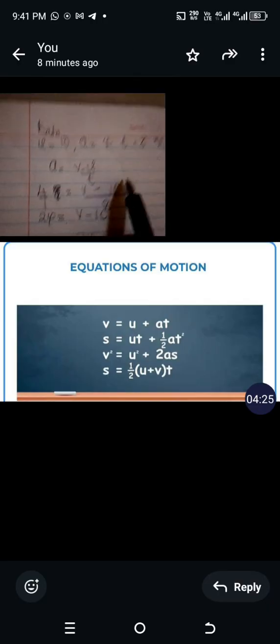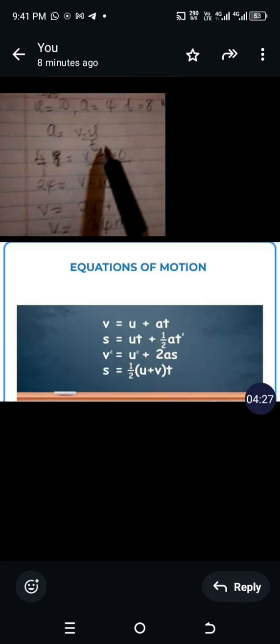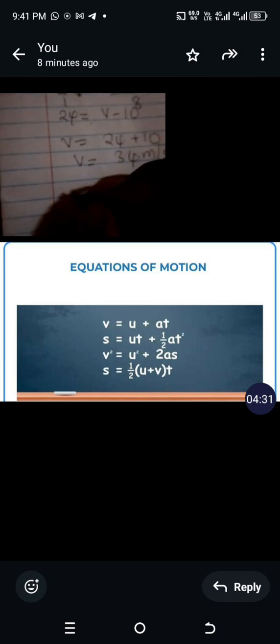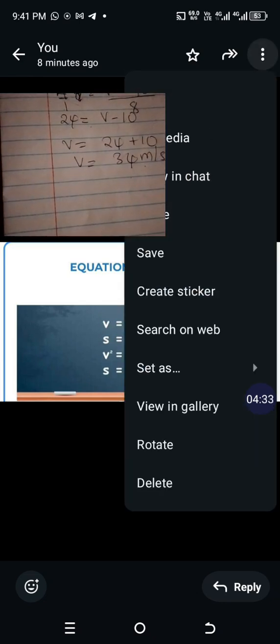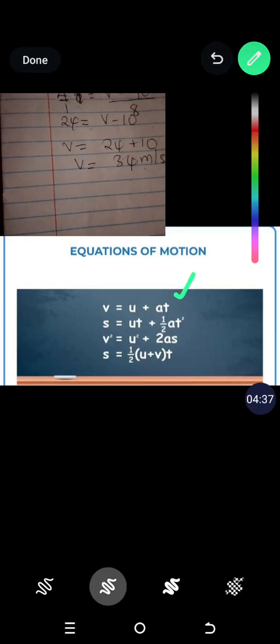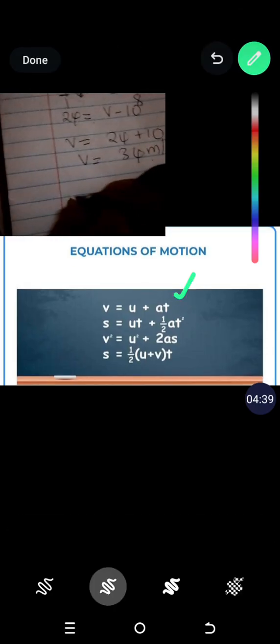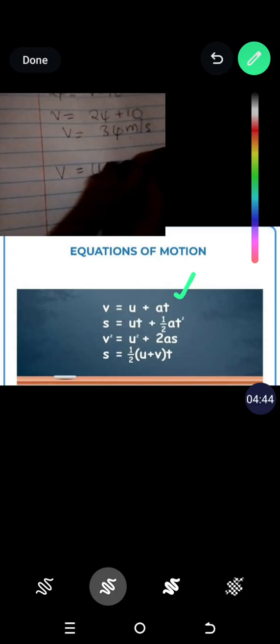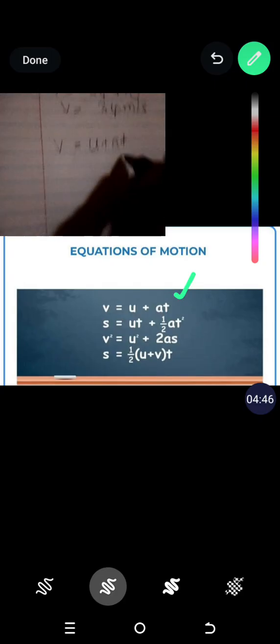Okay, so let's try. In the first question, we use this formula. So how about we use the first one, which is this one here. It's saying v, which is the final velocity, is equal to u plus at.